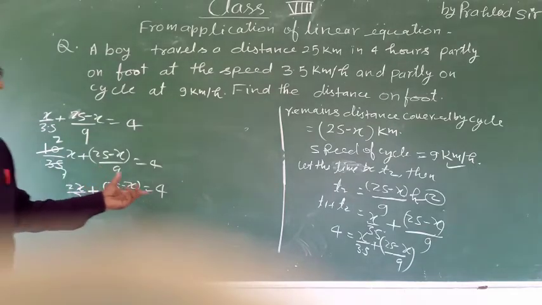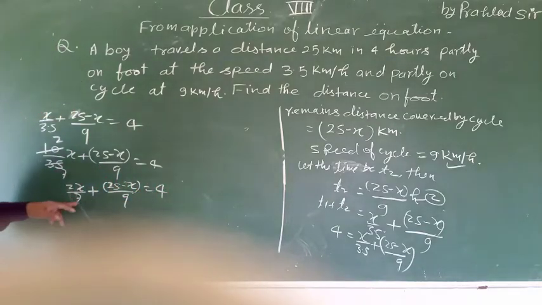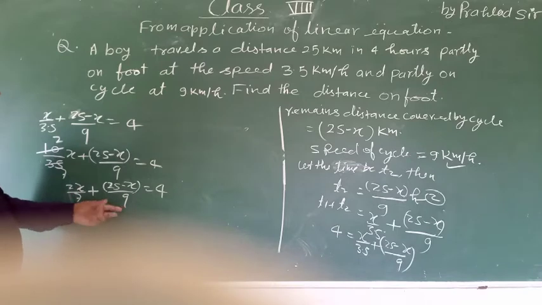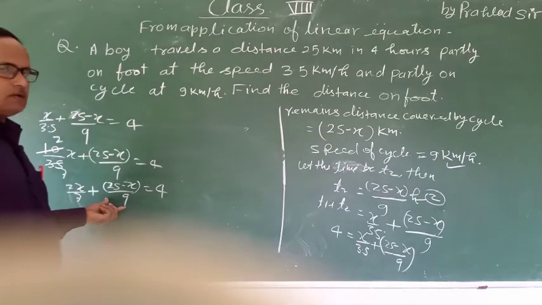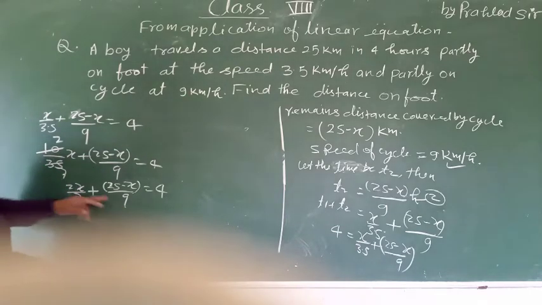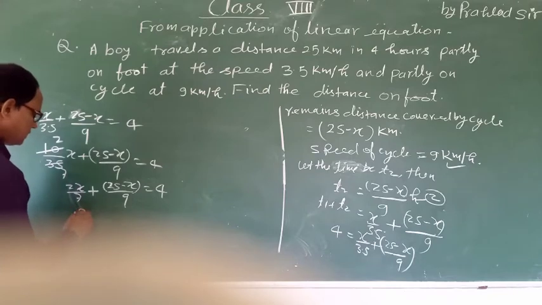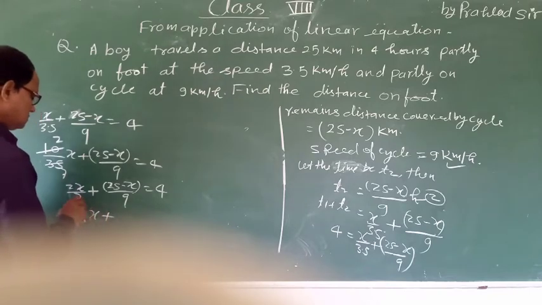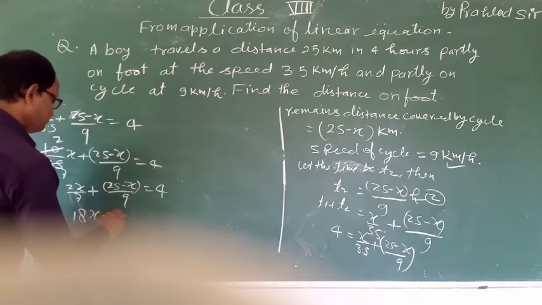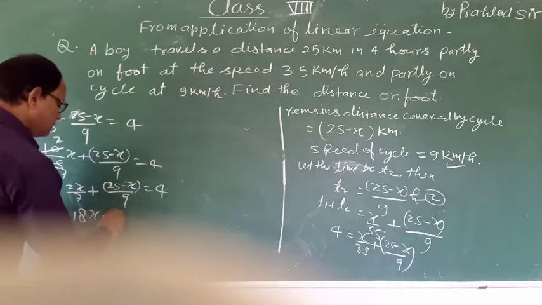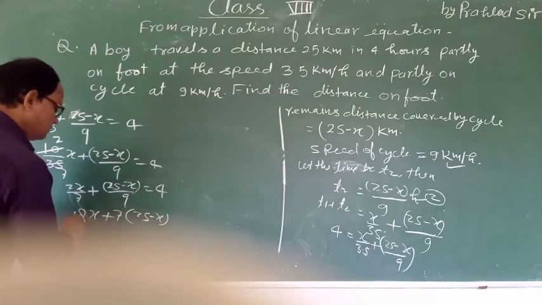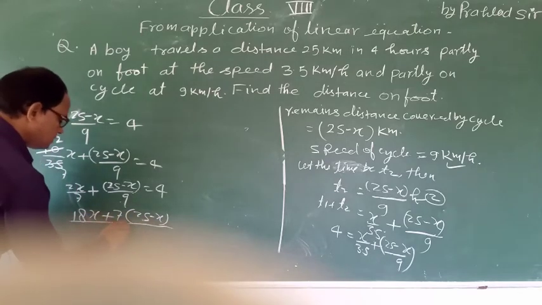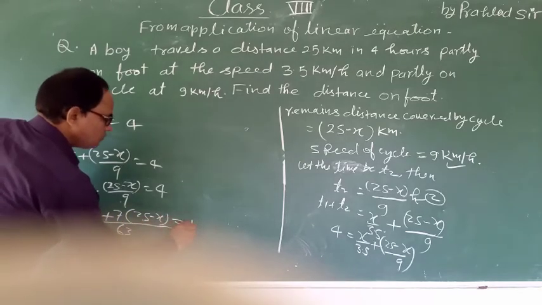So, okay students, now we solve by the LCM method. 18x plus 7 into 25 minus x, divided by 63, is equal to 4.